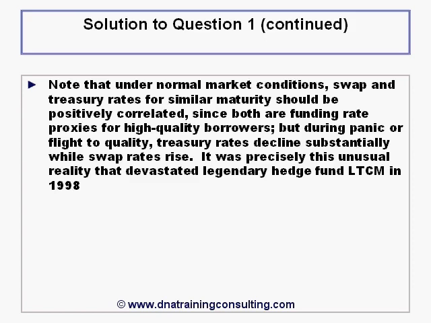But every now and then, during a panic, for example, or a flight to quality, treasury rates decline substantially, even as swap rates are rising. It was precisely this unusual reality that devastated the legendary hedge fund LTCM in 1998.